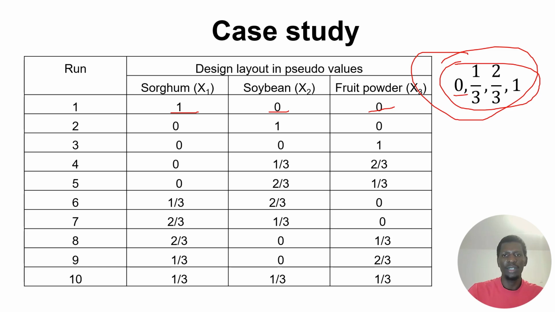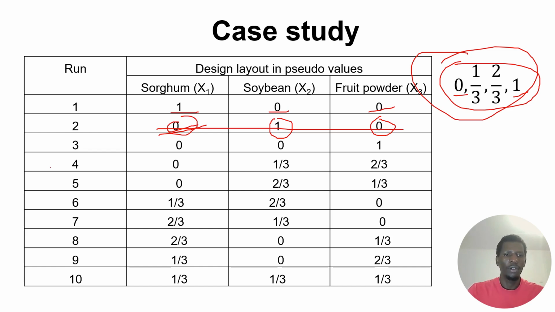And you can see these levels are actually in our experimental domain. If we decide to go with the lower limit of sorghum and the upper limit of soybeans, then fruit powder will automatically take its lower limit because the sum of component proportion must always be equal to 100%, or 1.